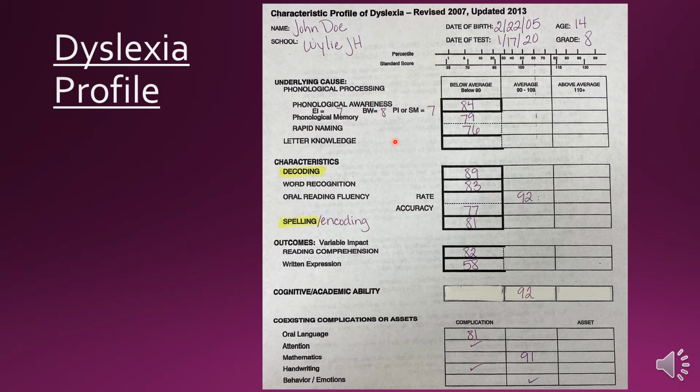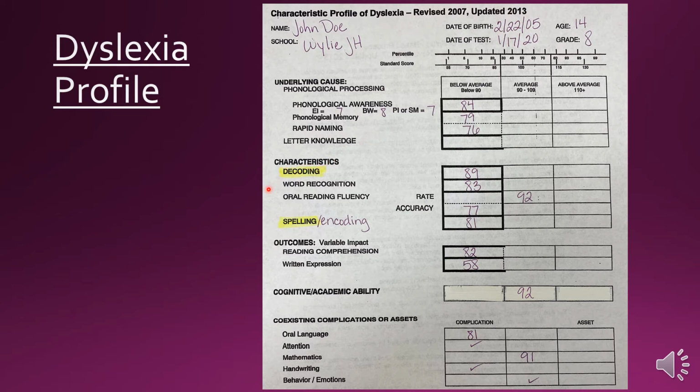And so you can see that he was below average in all of those areas, and that is a hallmark of dyslexia. So this is the test that we use for auditory processing. Kiddos that have trouble with dyslexia do have difficulty with auditory processing, okay?